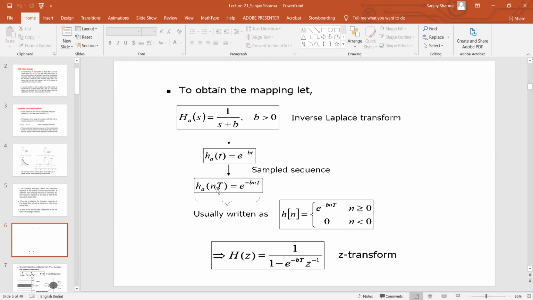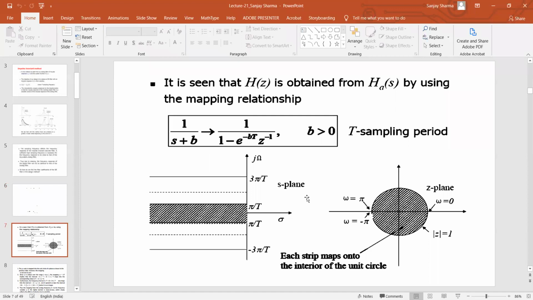Then we sample it by replacing small t with n capital T, and then we take the Z transform and we get the transfer function of the digital filter. The e to the power minus b capital T is the coefficient of the filter. All right, so that's the procedure that we will be using.